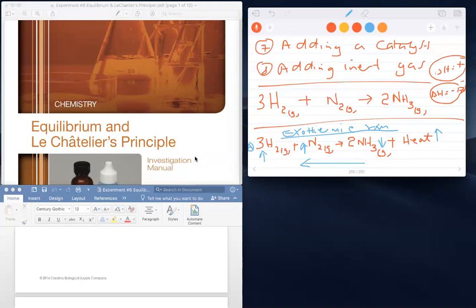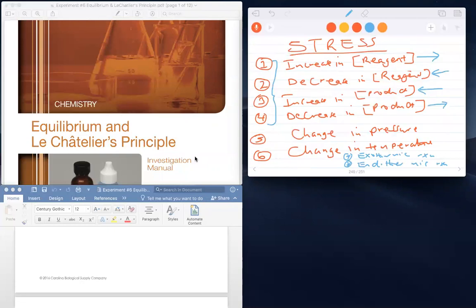If you can, have 8 papers, full scope or printer papers, each of them explaining how the system will respond if subjected to these stresses I just went through. So this is what you'll be looking at. What I'm using as a check mark is probably what you will have to investigate in today's lab. In today's lab, you will have to look at the change in concentration.